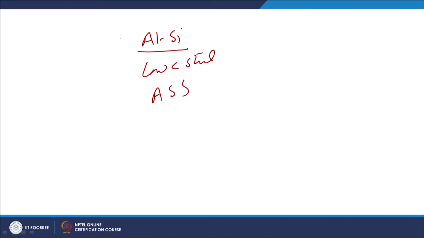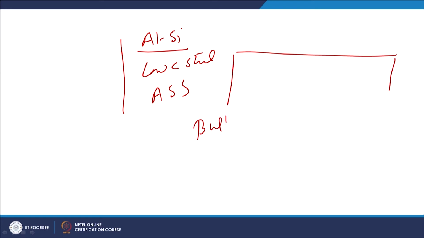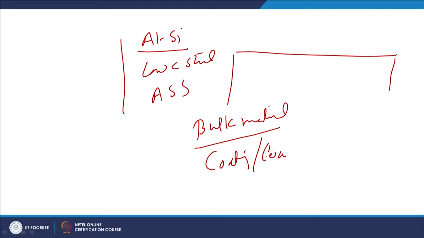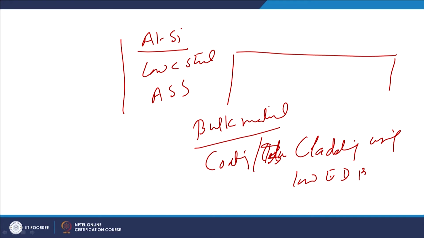For these kinds of metal systems, when we apply them either in the form of bulk material, or they have been applied in the form of coating or cladding using low energy density processes.